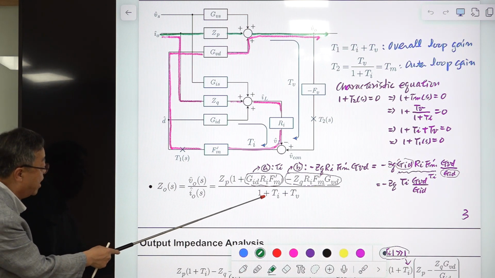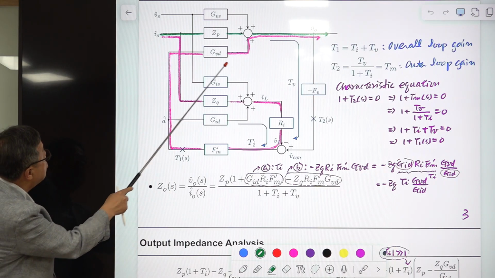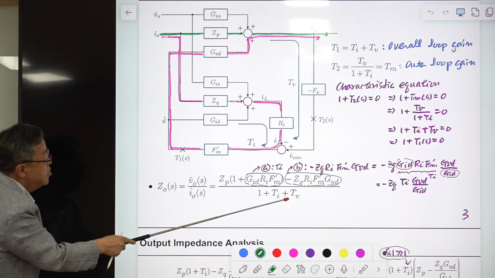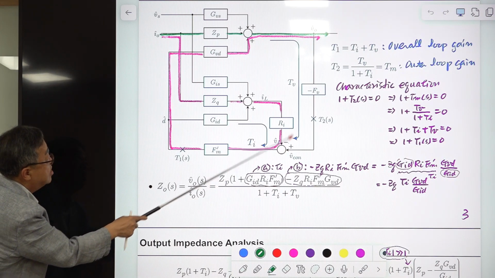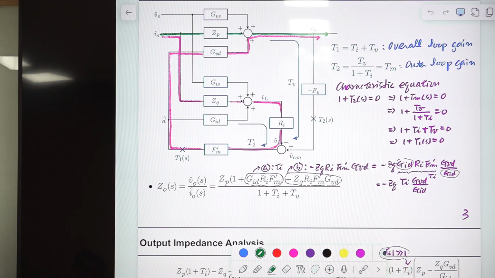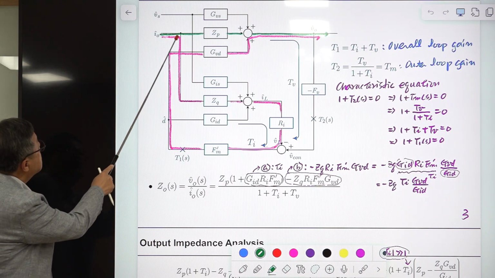So it becomes positive. You have another loop here which is TV, the voltage loop. So you have a negative sign here, and this becomes positive. That is the denominator. In the numerator, the feedforward path is coming in. There is one path here, one path here.